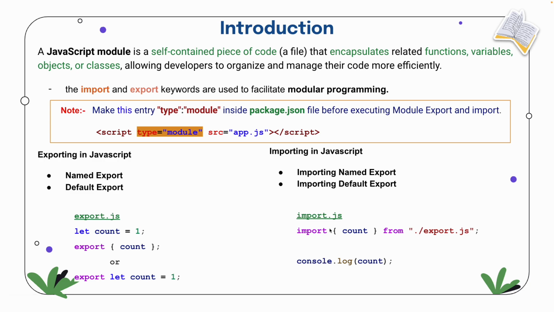Whenever you are going to take any named export, you have to write it in curly brackets. So you write import, curly bracket, count, from the file name. Import and from are the two keywords you have to use here. From which file? Dot slash export.js, and then you can directly access the count. So that is one thing.